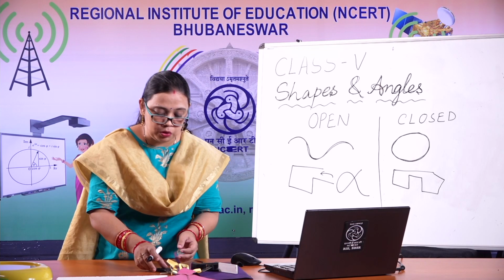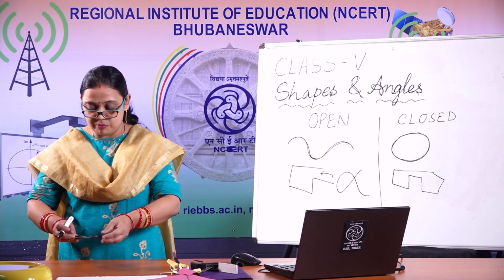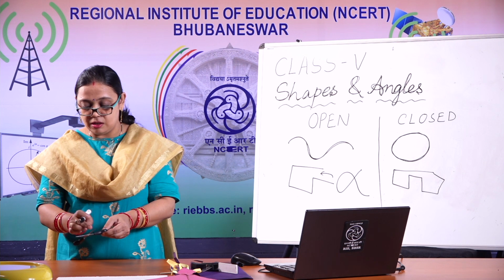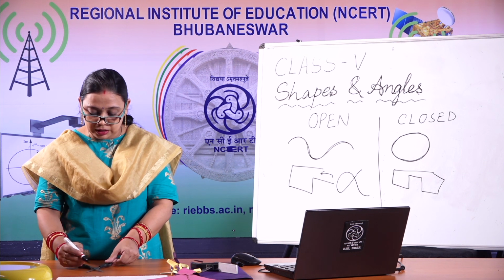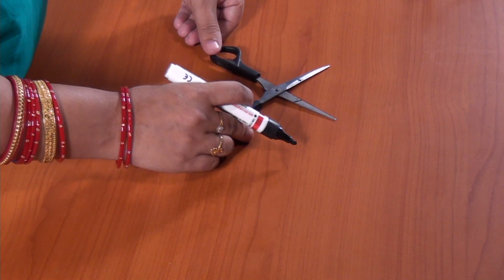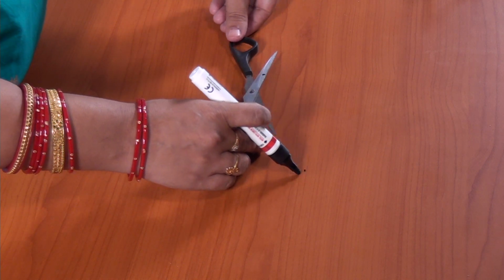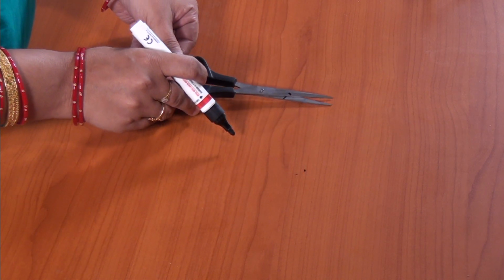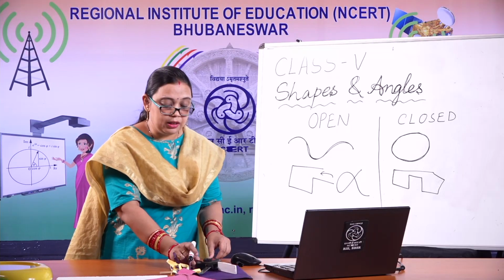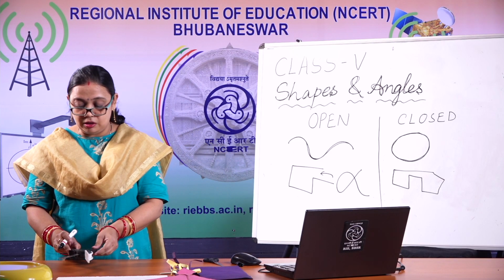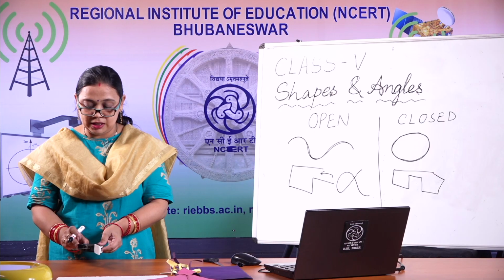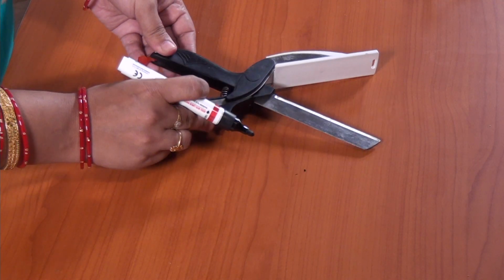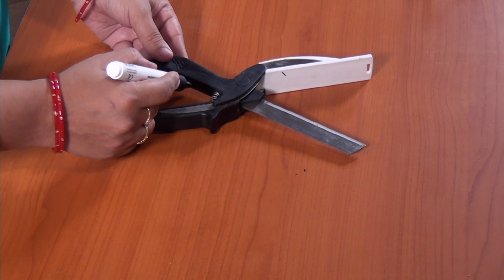In your home also you can find many angles. Look at the scissor, the 2 arms of the scissor making an angle. You can increase this angle like this and you can decrease this angle. Okay, even a vegetable cutter from my kitchen I have brought. This is also making an angle. See, this one and this one.